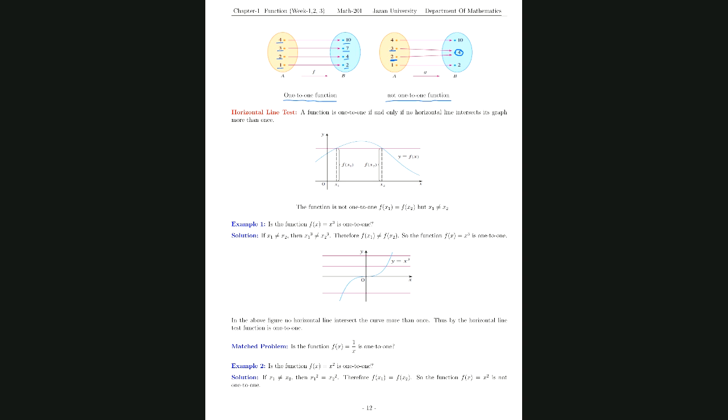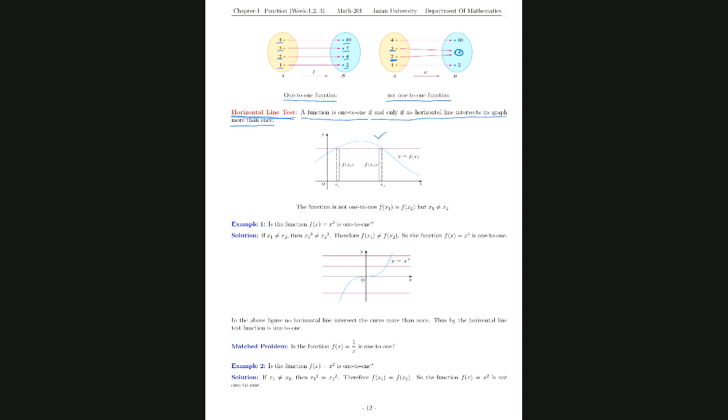There is another way to check a one-to-one function, that is called the horizontal line test. A function is one-to-one if and only if no horizontal line intersects its graph more than once. Okay, it means what? See, this is the graph here.